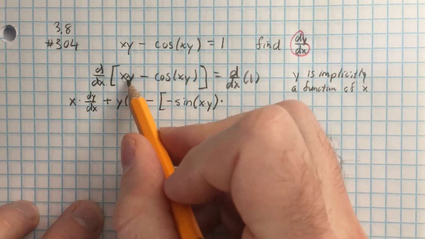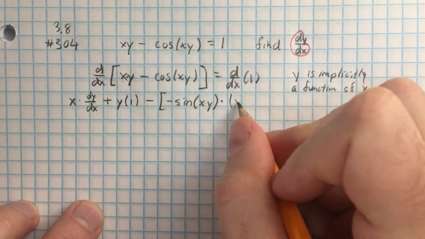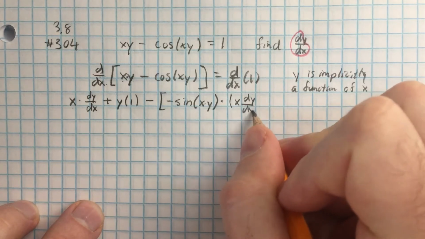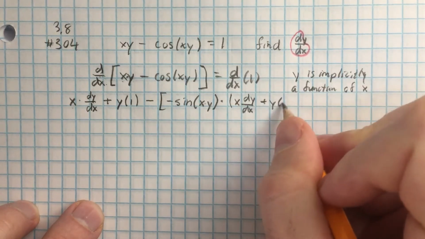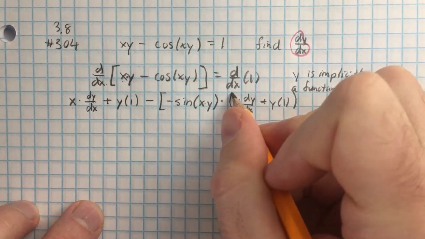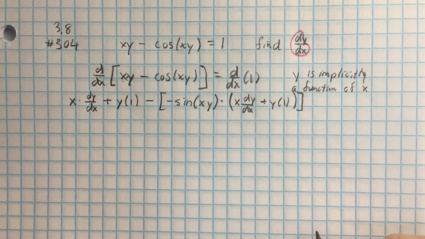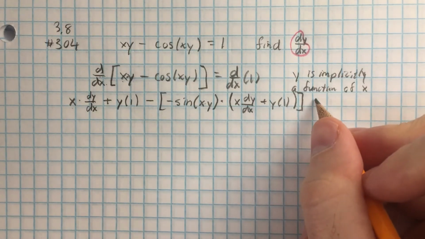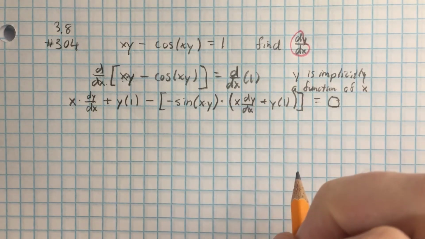We just had it over here. So I'm going to rewrite this x dy/dx plus y times 1. So there is the cos xy derivative taken, and this all equals 0, of course, because we have the derivative of a constant on the right-hand side.